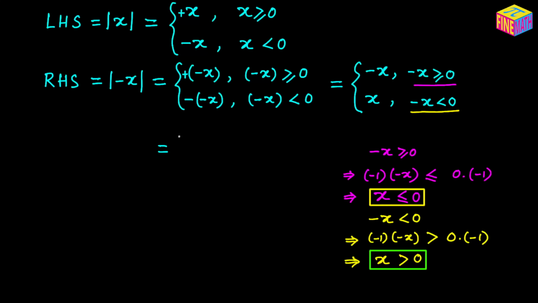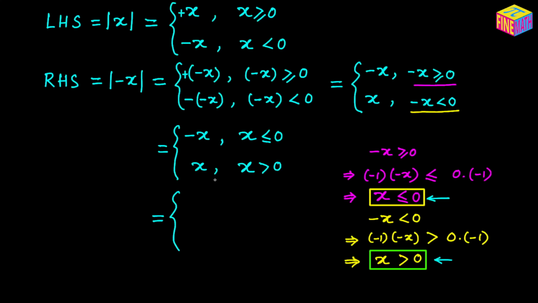So our piecewise function definition is going to look like this: negative x when x is less than or equal to 0, and it is also equal to positive x when x is greater than 0. I'm going to now write the positive x part first.